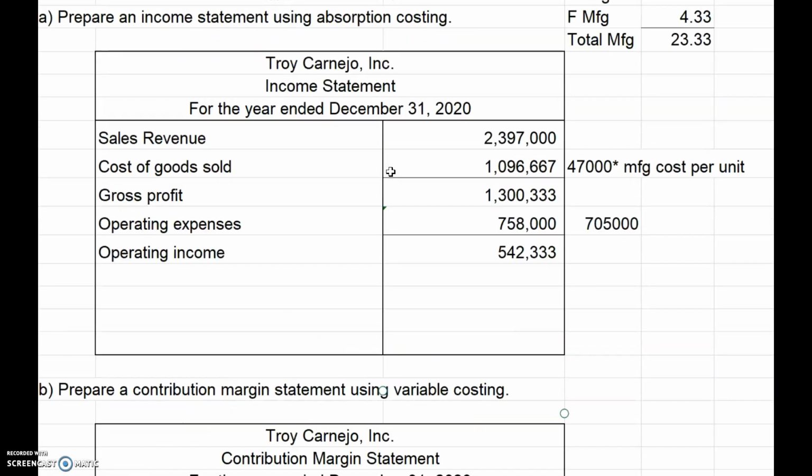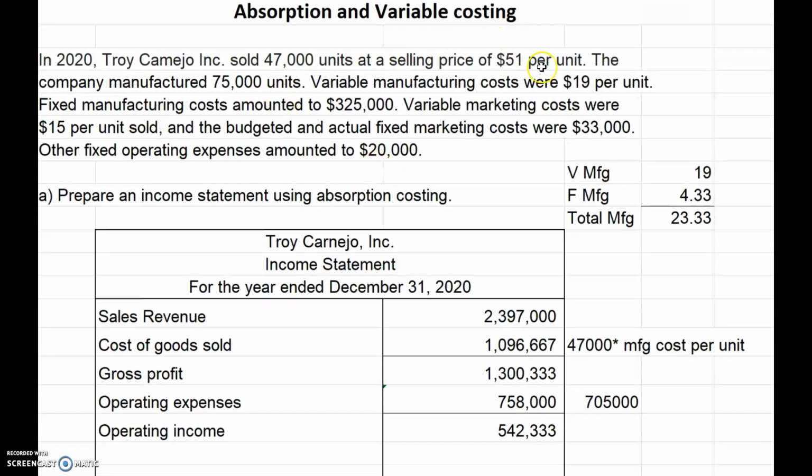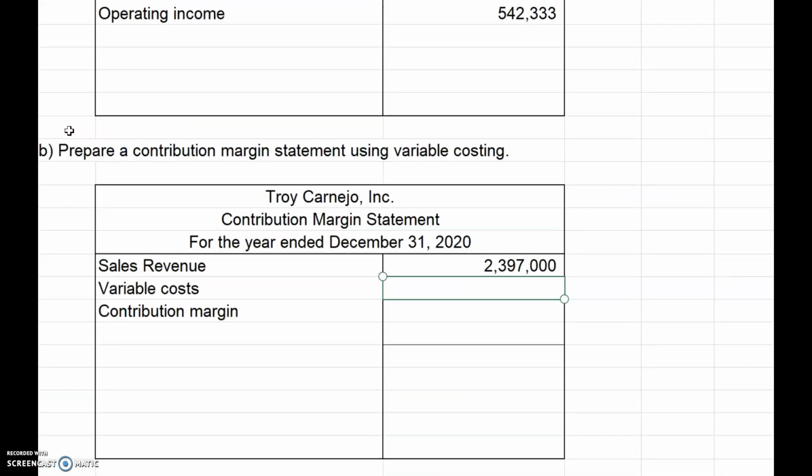So our variable costs, we were told that we had variable manufacturing costs of 19 and variable marketing costs of 15. So 19 plus 15 gives us our total variable costs per unit. And so we'll multiply the variable cost per unit times the 47,000 units that were sold.